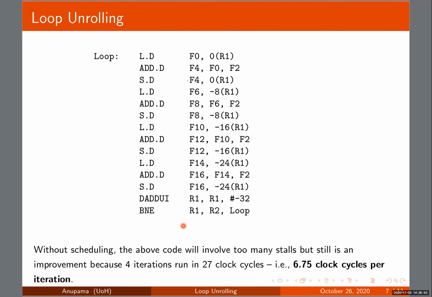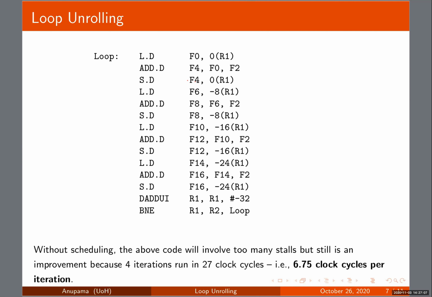You cannot do them simultaneously, or rather concurrently. That is, if you fetch one add, in the very next cycle you cannot do the other add because they're both using the same register. So that is why the registers that we use are different.